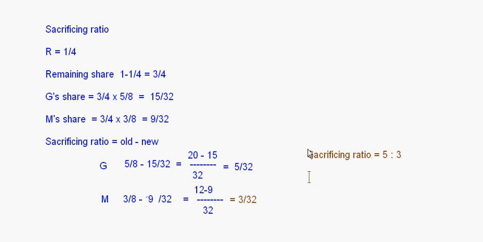So the goodwill of this R, that is we got it as 30,000, will be distributed in the ratio of 5:3. So 30,000 into 5/8, right?